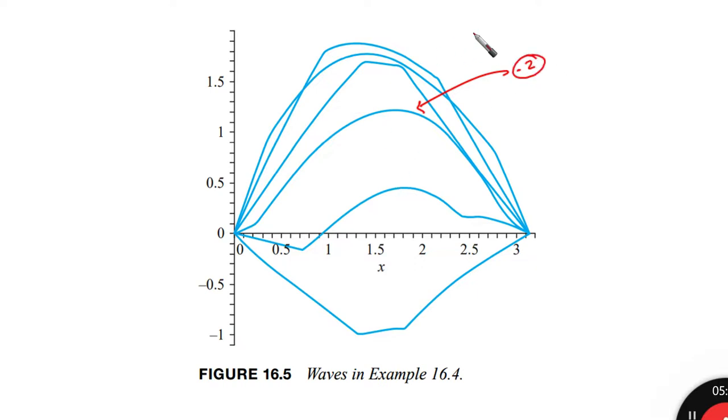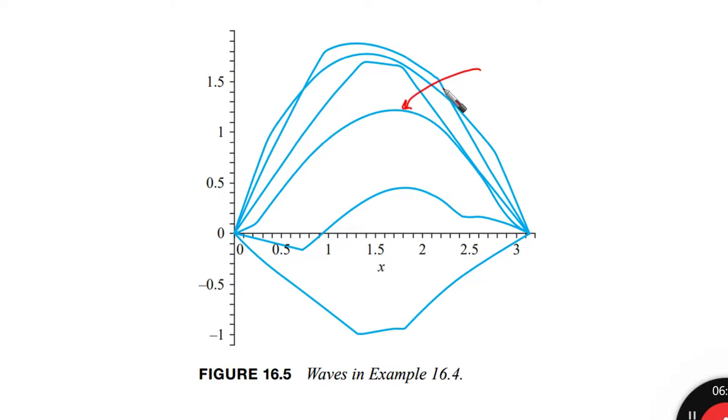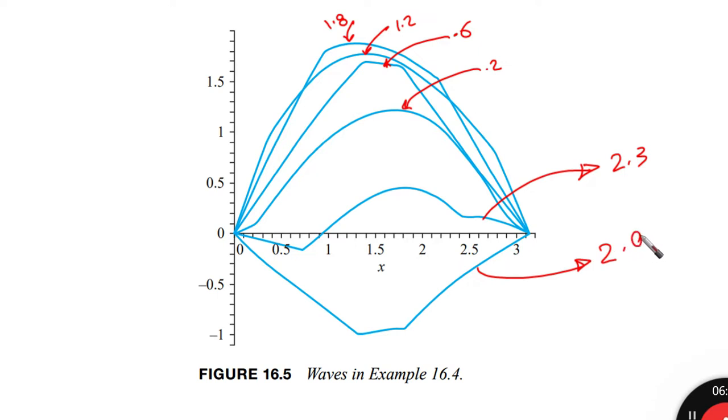They have 0.2, 0.6, 1.2, 1.8. Here this is 0.2, this one is 0.6, this one 1.2, and the upper one is 1.8. And then we have some other parts here. I think this is 2.3, and this is 2.9 if I'm not wrong.